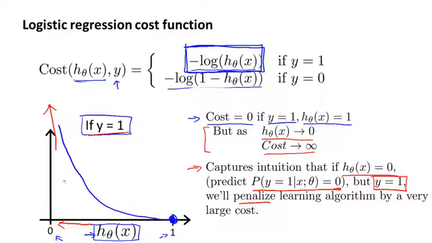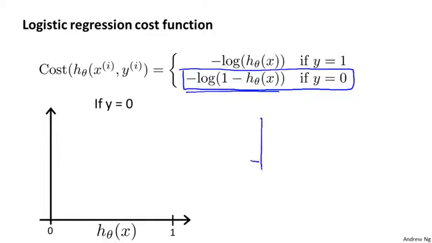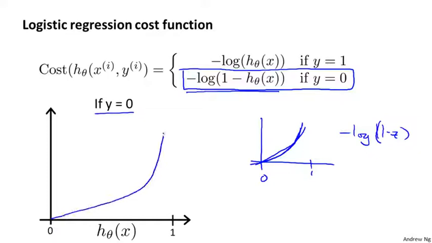This slide considered the case of y equals 1. Let's look at what the cost function looks like for y equals 0. If y is equal to 0, then the cost looks like this expression over here. And if you plot the function minus log 1 minus z, what you get is the cost function actually looks like this. So it goes from 0 to 1, something like that. And so if you plot the cost function for the case of y equals 0, you find that it looks like this.